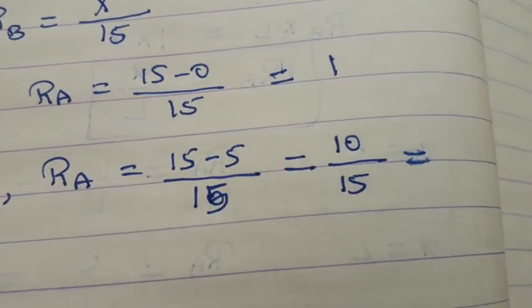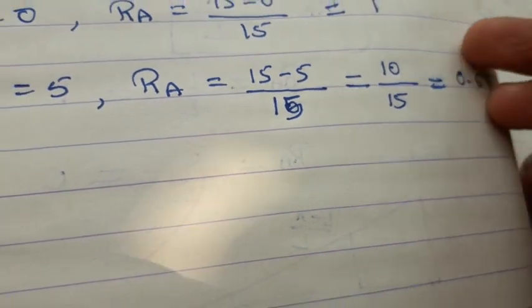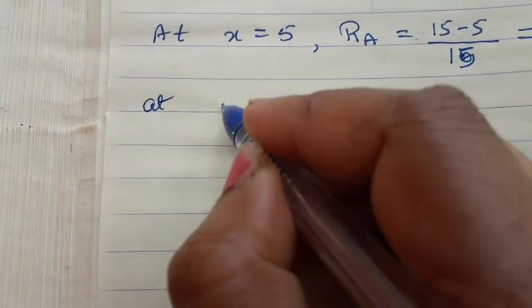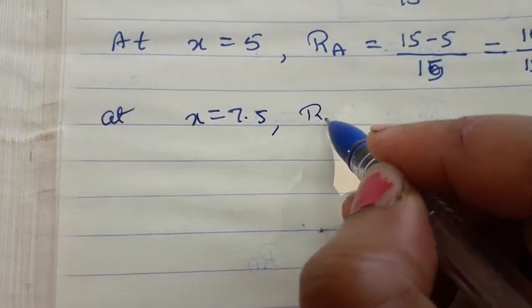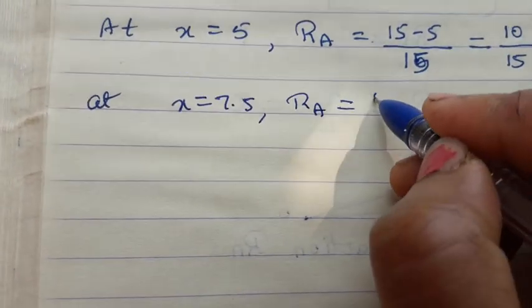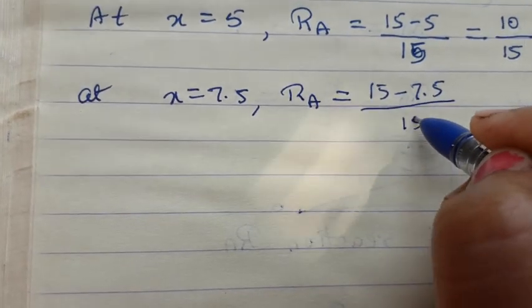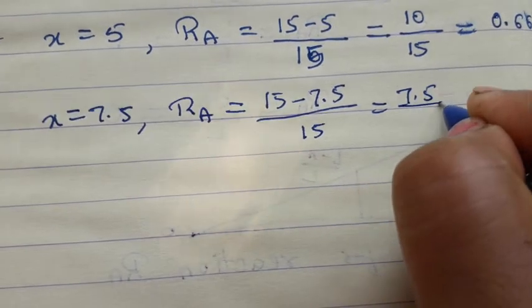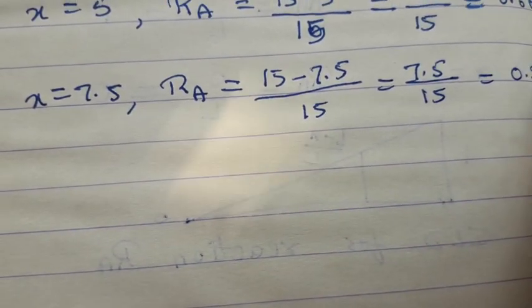Calculating this, 10 by 15, you get 0.667. Now, at the center point at x is equal to 7.5, RA is equal to (15 minus 7.5) by 15, which is 7.5 by 15, which is 0.5.